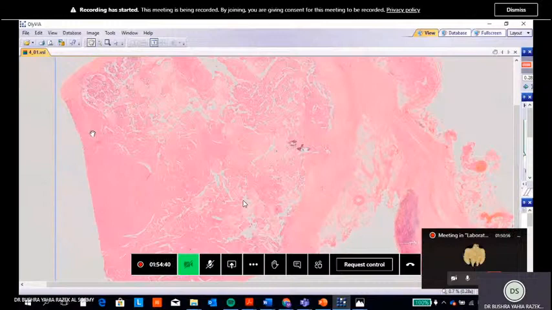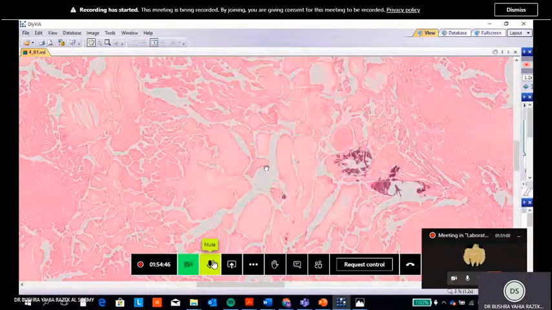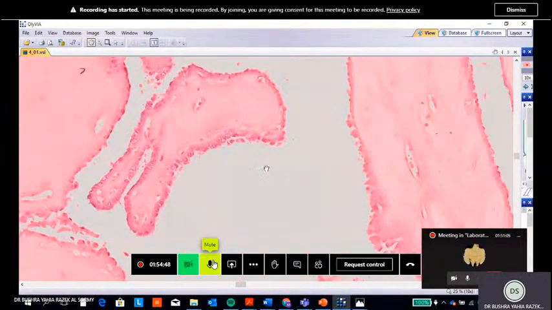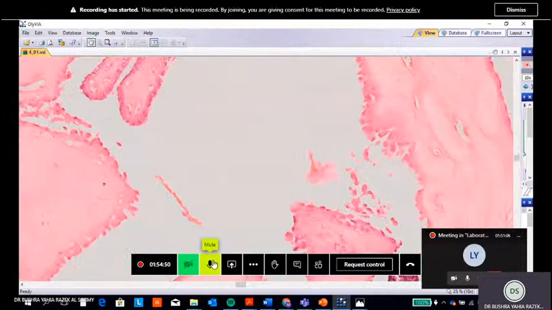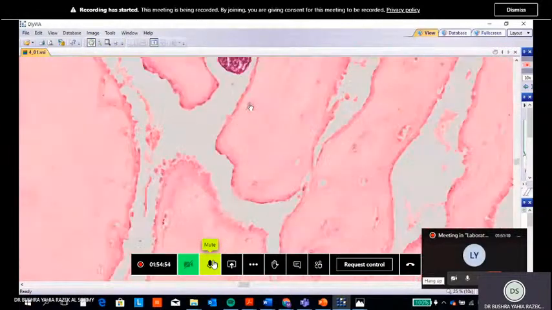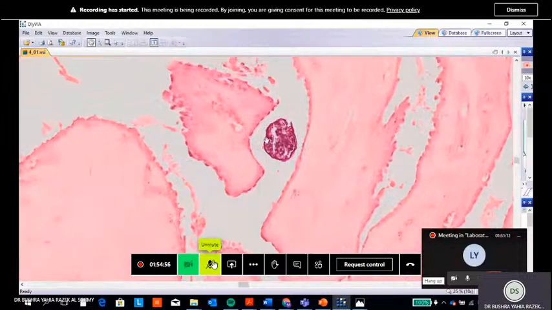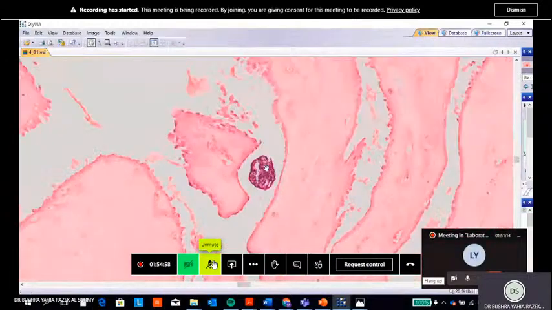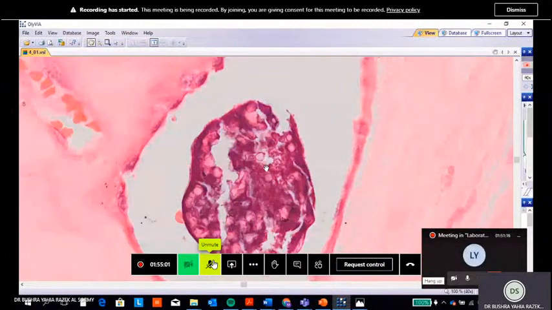It's not just any calcification, it has criteria. Like this, see, this is the psammoma body. Can you see? They are not just any calcification. Look at this, they are like concretions, laminated.